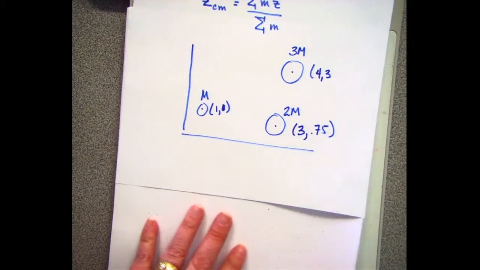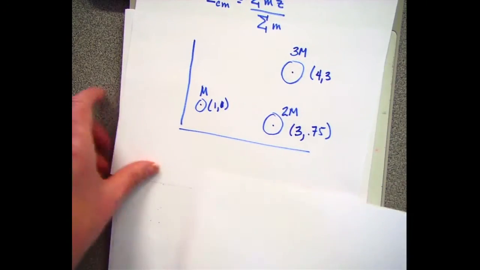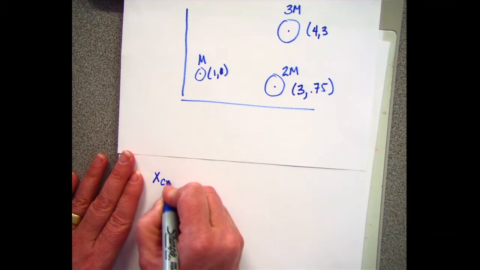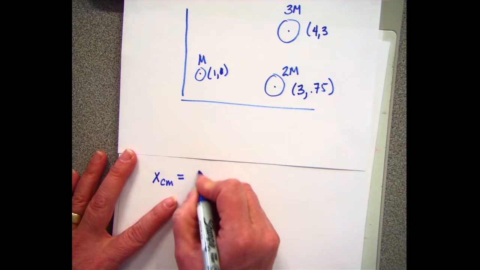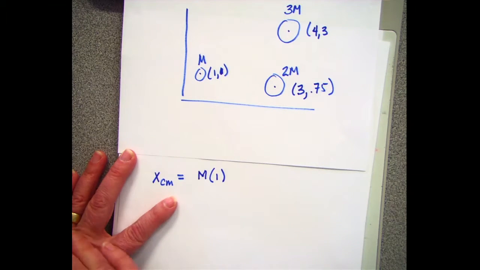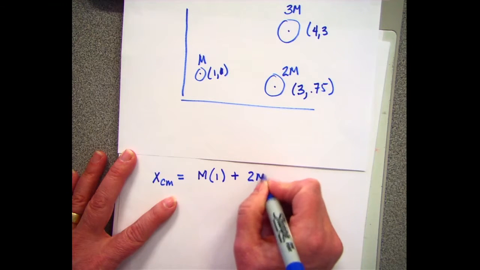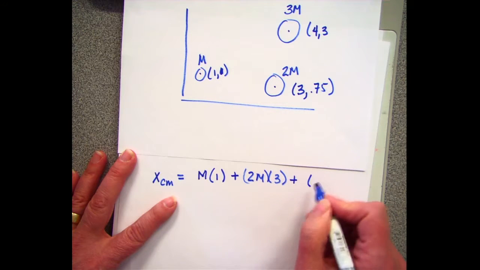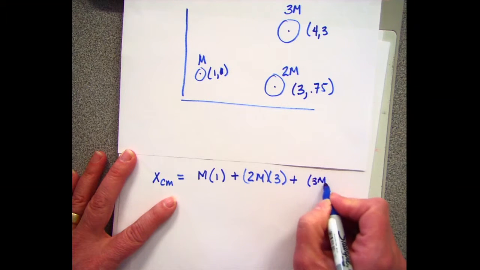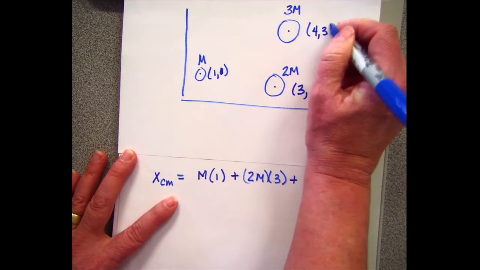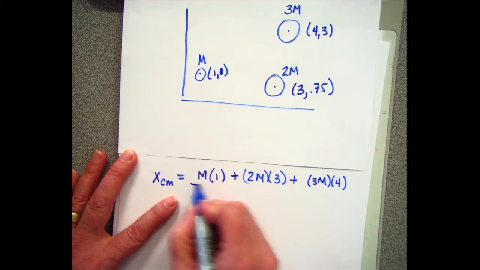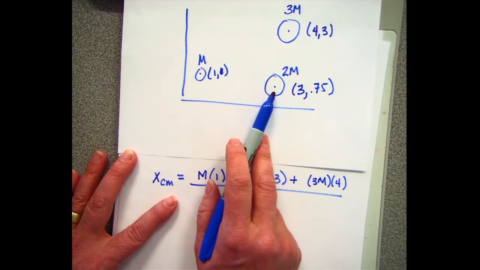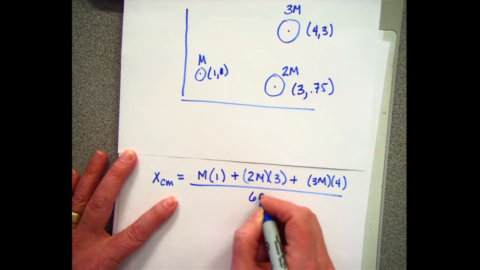So if I want to do the x center of mass, it's going to be mass 1 times its x location, mass 2, which was 2m times its x location, and mass 3m times its location, all divided by the sum of the masses. So this is mass 1, 2 masses, 3m, that's going to be 6m as my total mass.